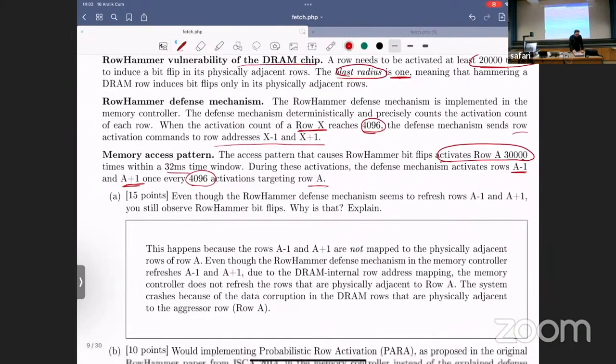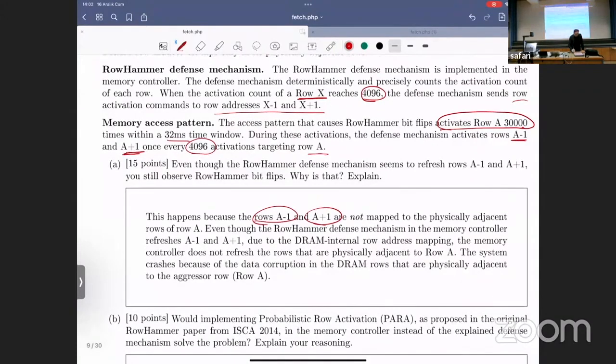So the reason is, you send an activation command to A-1 and A+1, but those are logical addresses, and they might be mapped to some different rows in the physical layout. So you're not actually refreshing the victims, as you said, and therefore you observe bit flips.